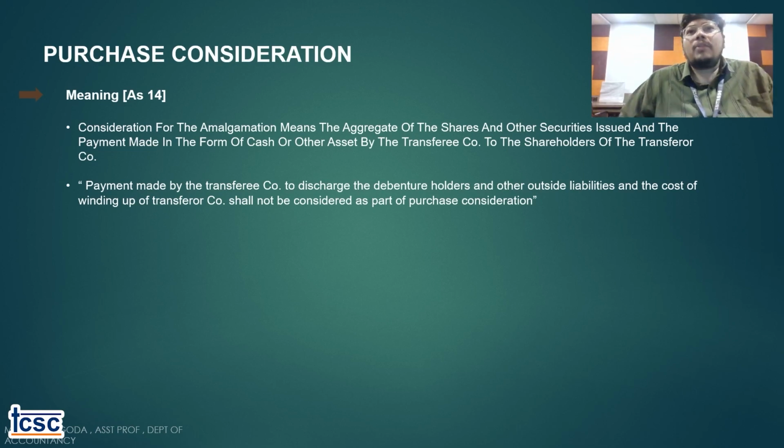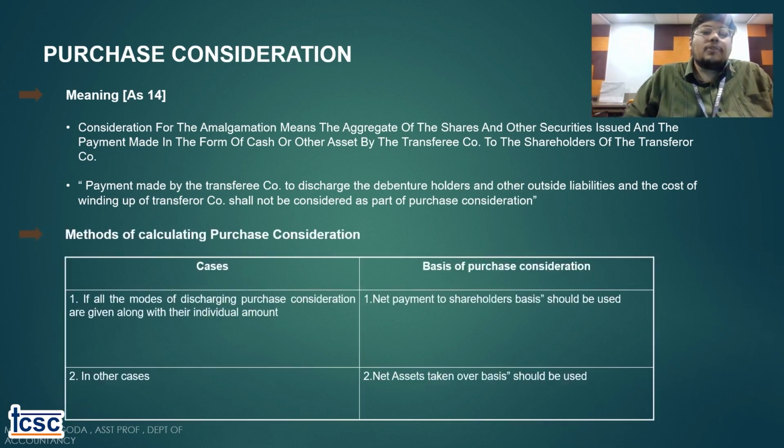Maybe you are paying debenture holders, creditors, or outstanding expenses; that has not to be taken in the calculation of purchase consideration under the net payment method. Now there are two methods of PC. One is the net payment method and one is the net asset method.